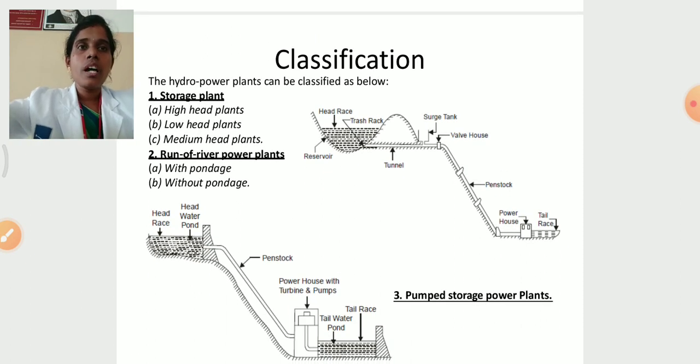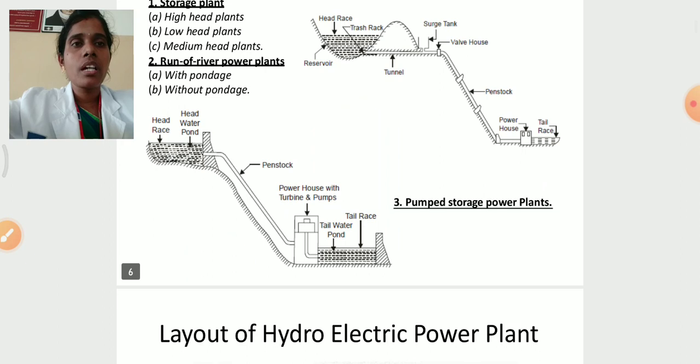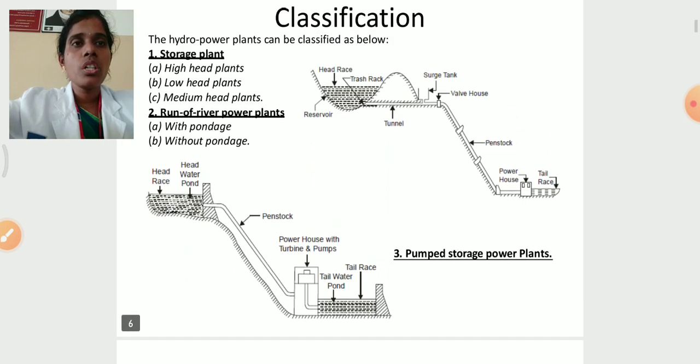Generally, hydro power plants can be classified as storage plants and run-off river plants. Storage plants are classified by head levels: high head plants, low head plants, and medium head plants. Similarly, the second classification is run-off river power plants, which are with pondage or without pondage, and the third type is pumped storage power plants.